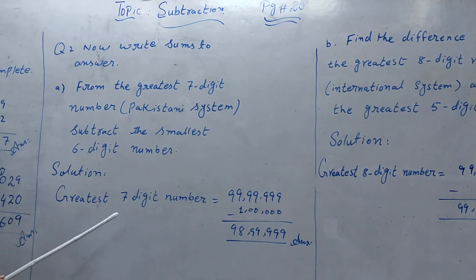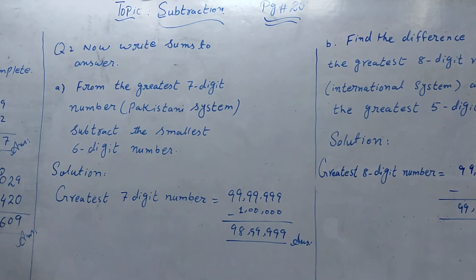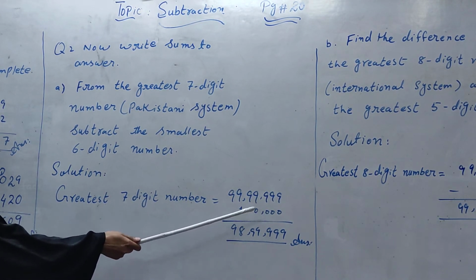And now the smallest 6-digit number. When you have to make the smallest 6-digit number, you have to write zeros with 1. Start from 1 and then write the remaining zeros. First write 1 and then 5 zeros with this and put commas after hundreds and ten thousands.